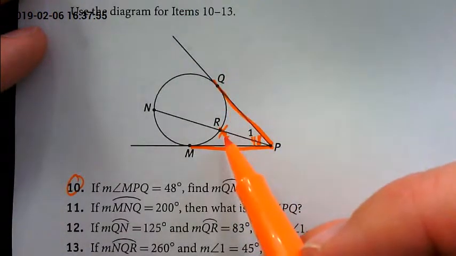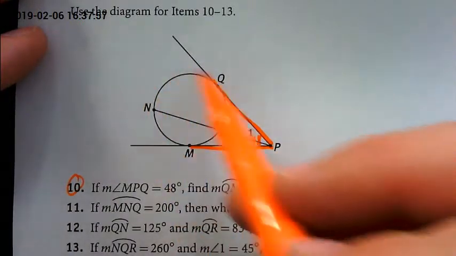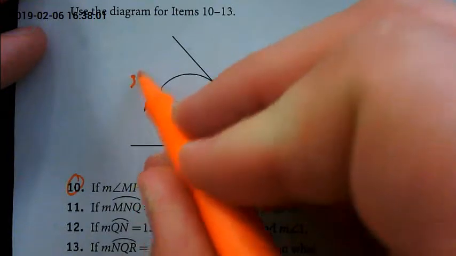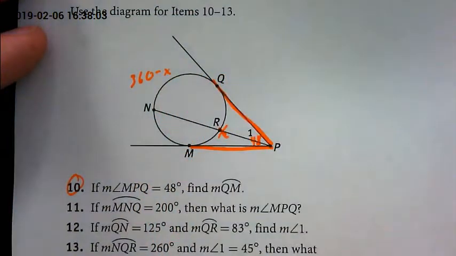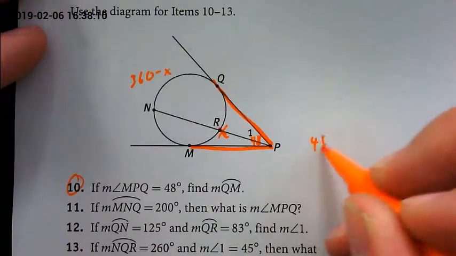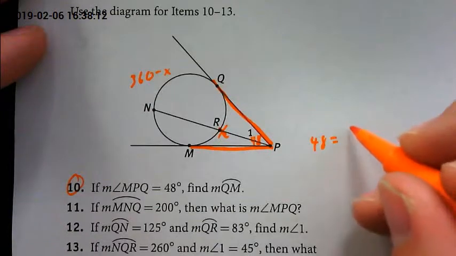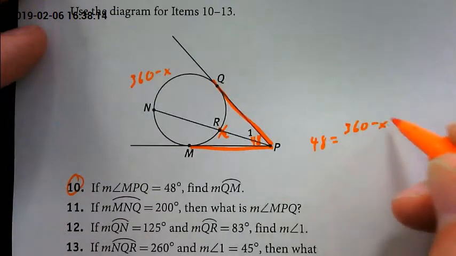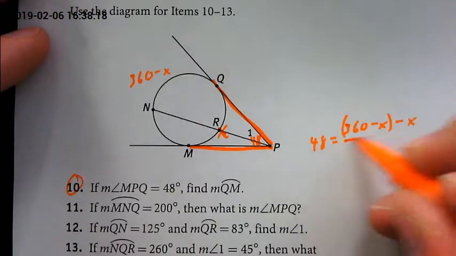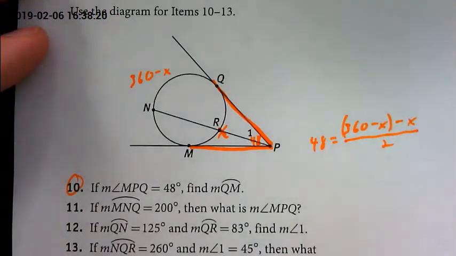So, on here, this is X. This other side, well, the whole circle is 360, right? So this other side would be 360 minus X. So now, our equation would be 48 equals the big arc, which is 360 minus X, minus X, divided by 2.